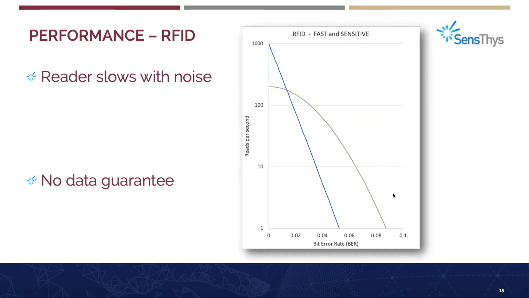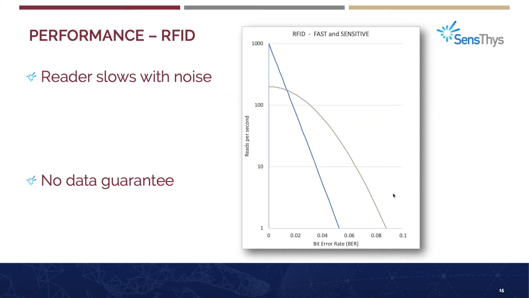On the bottom here, we show bit error rates, and that probably sounds like a foreign language, but that just means how often a bit is wrong in transmission. So the information is coming across the channel, the channel does its bad things to it, and periodically a bit gets messed up. What we show here is perfect transmission, which is no bit errors, up to 10% bit error rates.